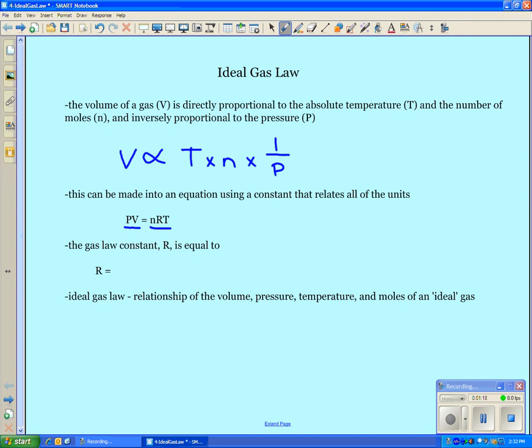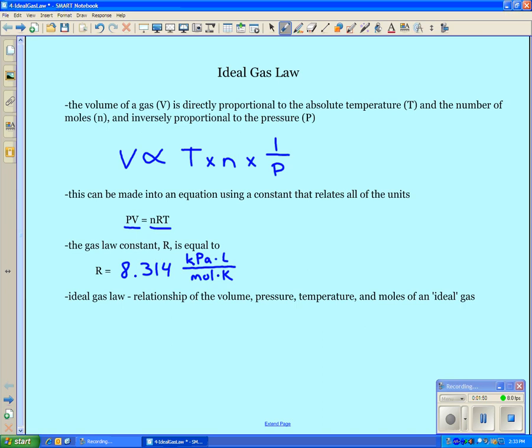So R, the ideal gas law constant, has a value of 8.314 and has units of kilopascals and liters over moles Kelvin. So there's all the units that we have from our volume, temperature, moles, and pressure in our ideal gas law constant. So that gives us a way to relate all of those different units together.